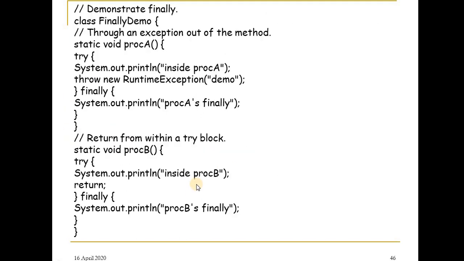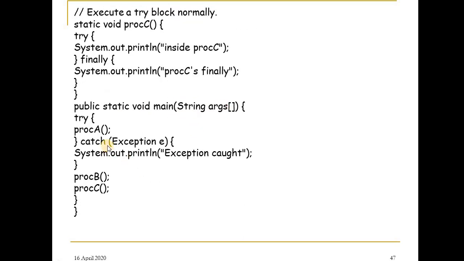Here, when procedure A throws an exception, before this method returns, since this method cannot handle that exception, it cannot catch the exception, correct? So before this method returns, first it will execute procedure A's finally, and then the main method's catch block will get executed.